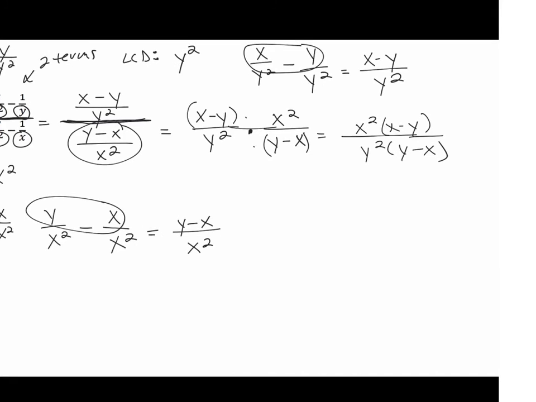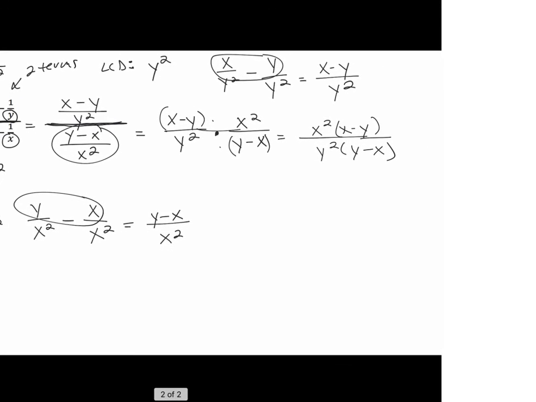Oh, well, that's interesting because x minus y, y minus x, those are the same terms with exactly opposite signs. So what if I took the denominator's factor here, y minus x, and I change that to negative x plus y, factor out a negative, and then that's going to be the same factor. So let me just rewrite this so I don't get confused with all of this here.